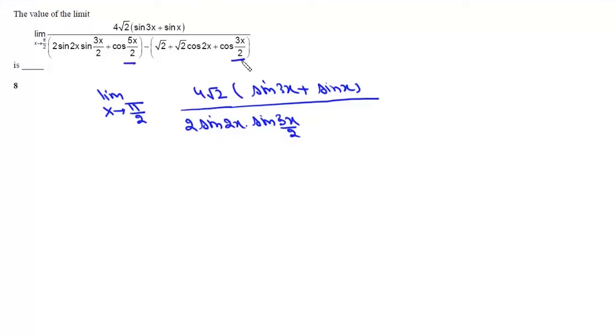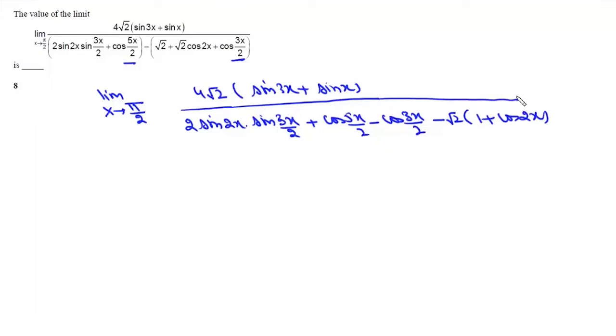And what we'll do is we'll take these two together. So we'll write this as cos 5x by 2 minus cos 3x by 2, and then minus, we'll take root 2 common, and it will be 1 plus cos 2x.